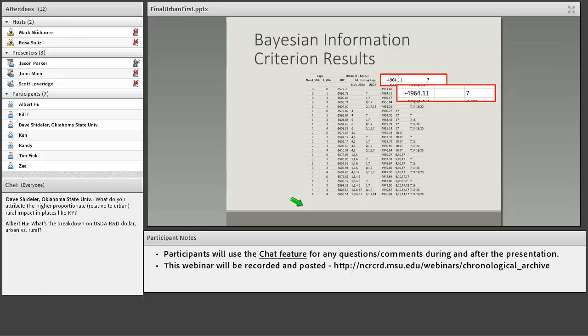The best BIC for rural areas came out with no lags for non-USDA funding, and a 7-year lag for USDA funding. So essentially, rural areas were only affected by USDA funding, and that effect happened after 7 years. So an investment today would impact 7 years from now.